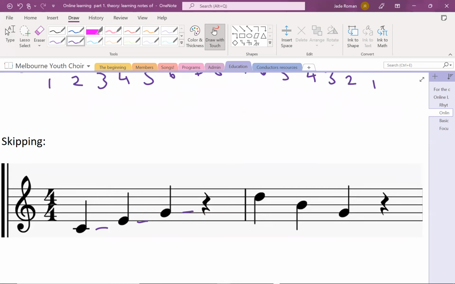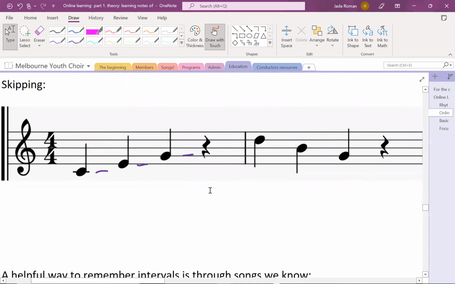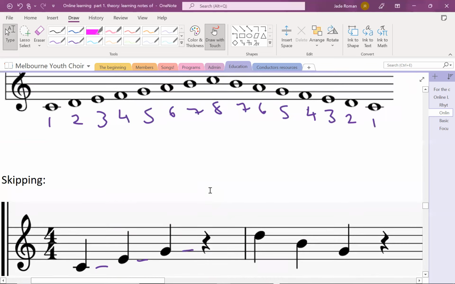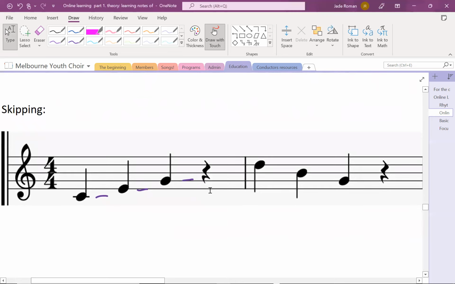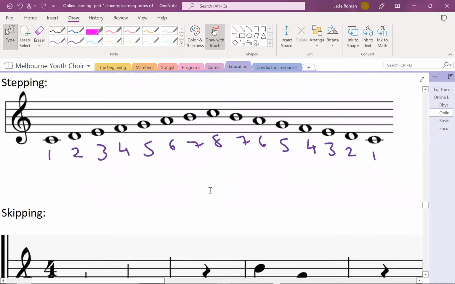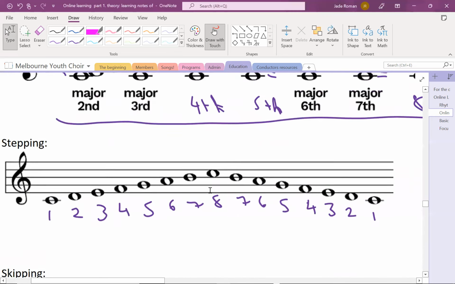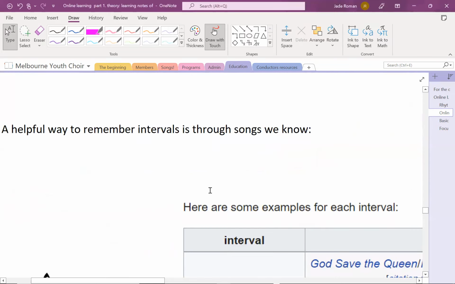Or if we're here and we need to skip down, it's helpful to know what these sound like in your head. So 5, 4, 3, 2, 1, 5, 3, 1. When you're presented with this in the music, you think, oh, I know that's a skip, or I know that's a step, and I know what that sounds like. Use the numbering system in your head. It will help you so much.